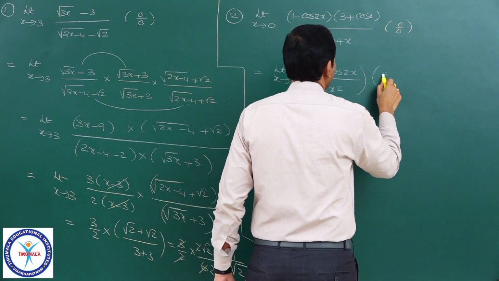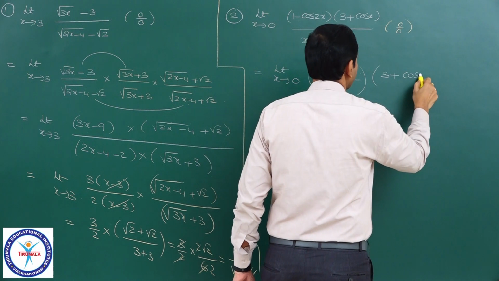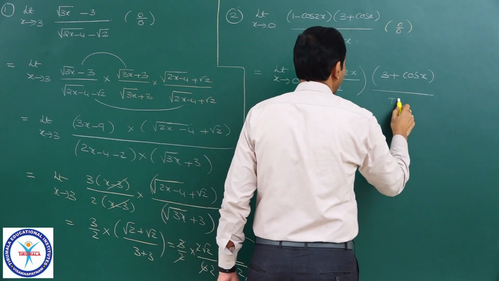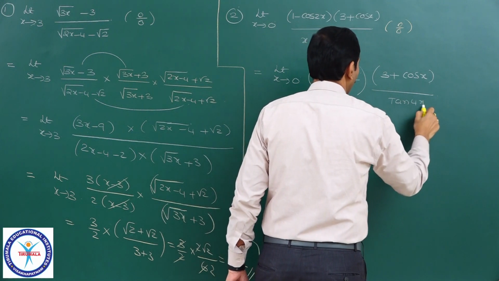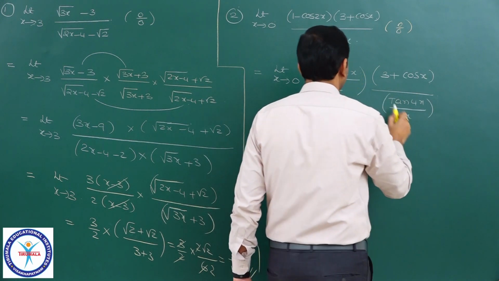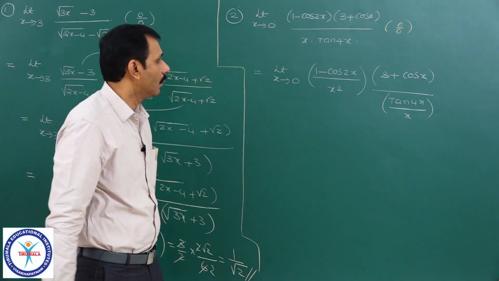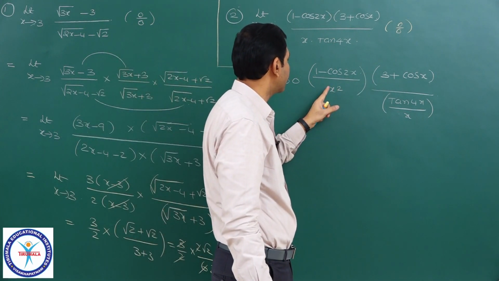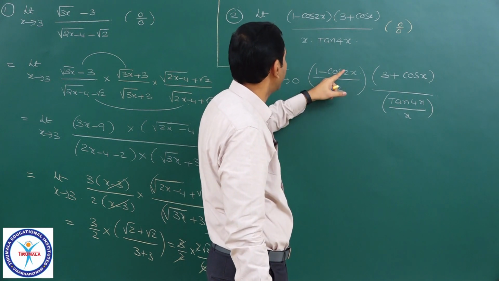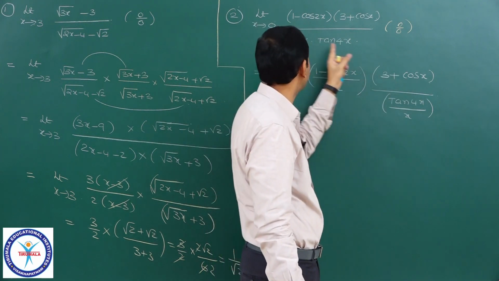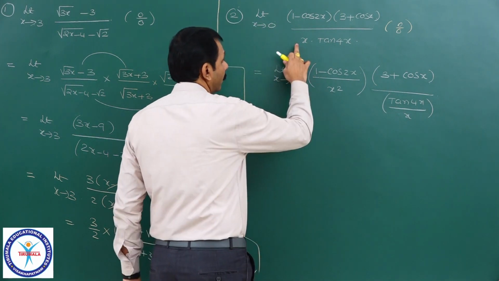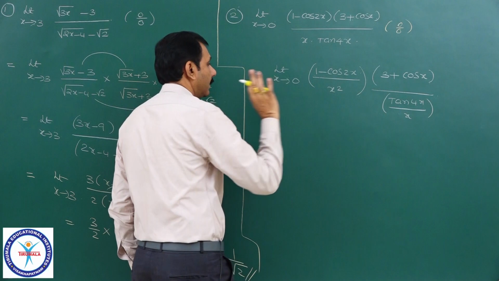What I will do, you see, it is 3 plus cos x by denominator, here 1 x is there. For tan x, tan 4x by x I will write, so that now this x comes to the numerator, and that x and x will get cancelled. Complete, this is 1 minus cos 2x, 3 plus cos x by x into tan 4x as it is only. But of course, we rearranged these terms.